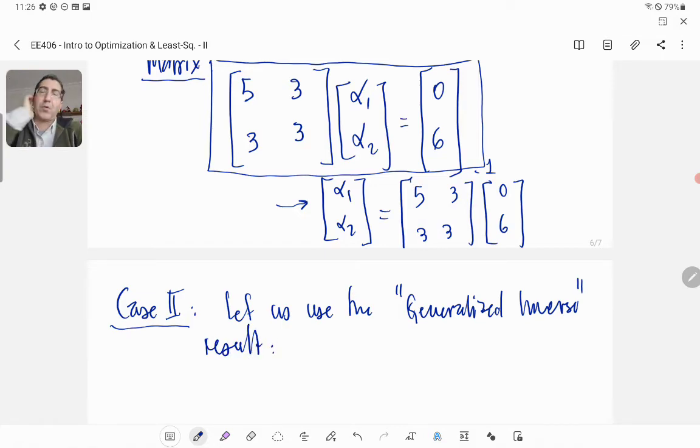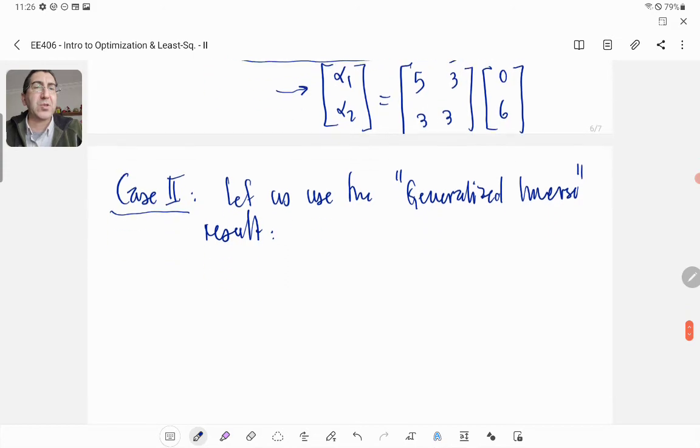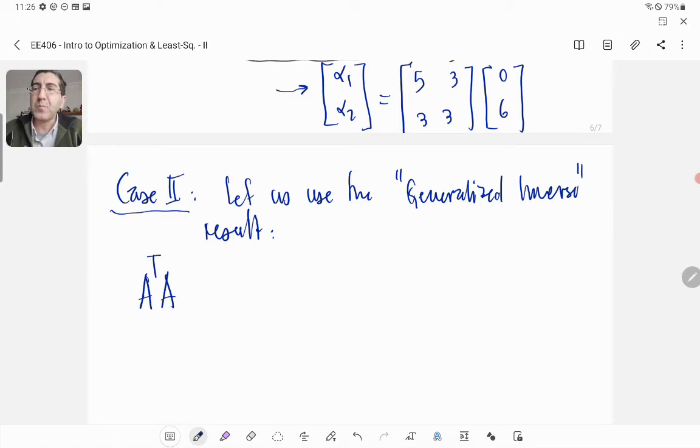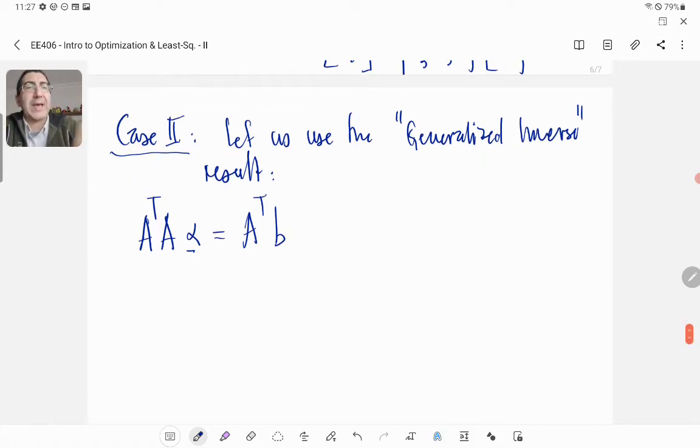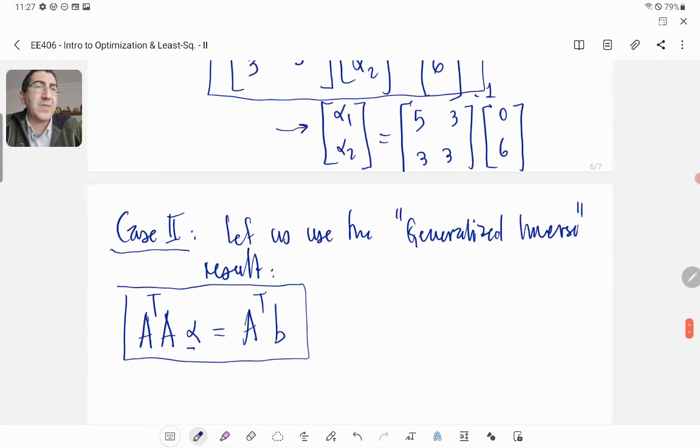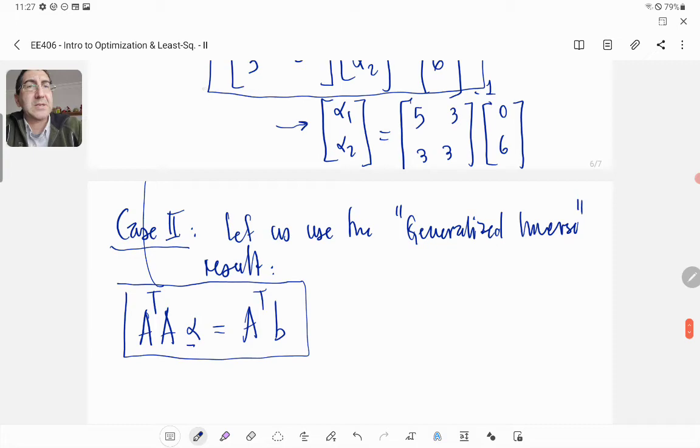Remember, we have done this for the general case, the matrix version, in terms of A transpose and so on. So remember, we need to calculate A transpose A alpha equal to A transpose B. The question is this: do we have a correspondence between the two?